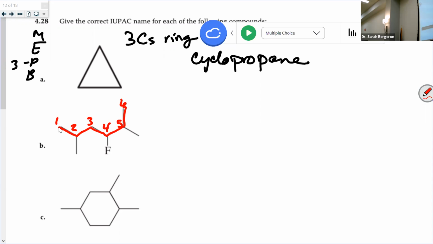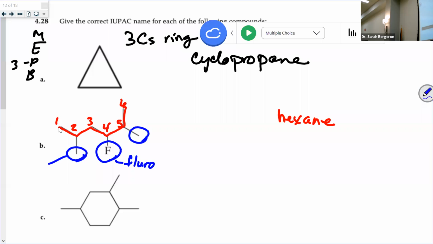So what do I know about my parent chain? 6 is hex. And do we have any double bonds or triple bonds? So it's hexane. Okay, now what do I have to worry about? I have 3 substituents. What is my F? Fluoro. And what are these, both of these?